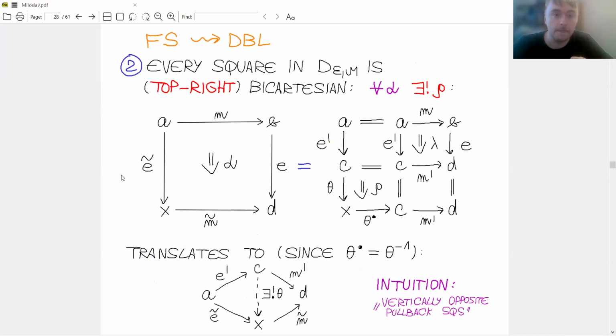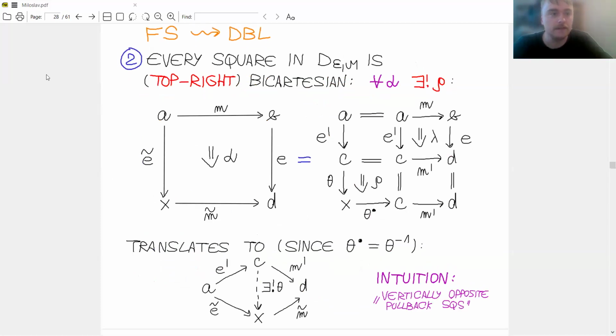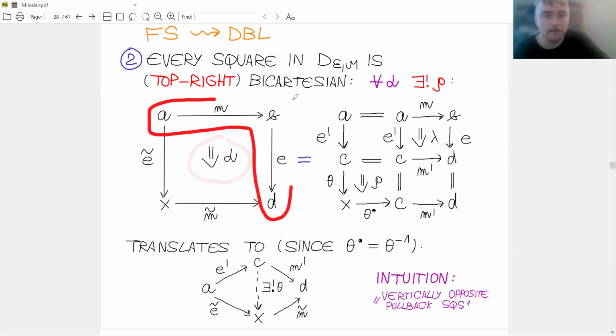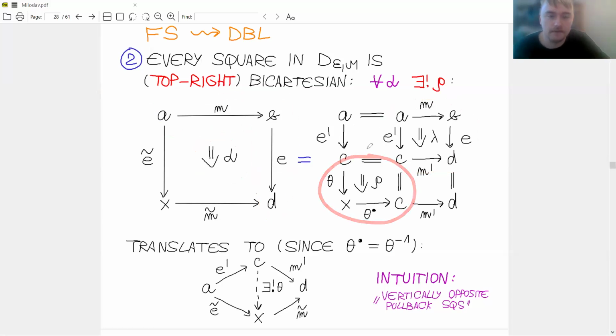The second property is this one. What does it say? Every square is top right Cartesian, and this means the following. This square is top right Cartesian if, for any other square that shares its top right corner with it, there exists a unique row like this. Why is this the case?